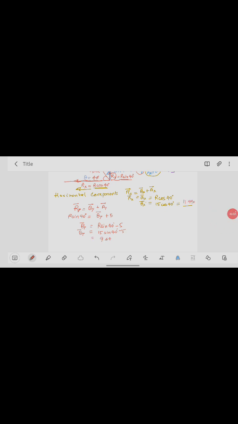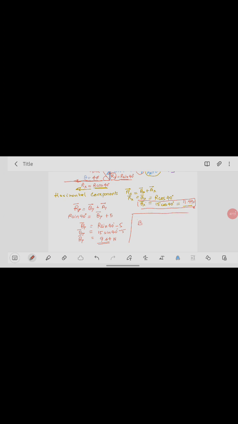If you calculate it, you will get By equal to 9.64 Newton and Bx equal to 11.490 Newton. So what is the resultant for B vector?